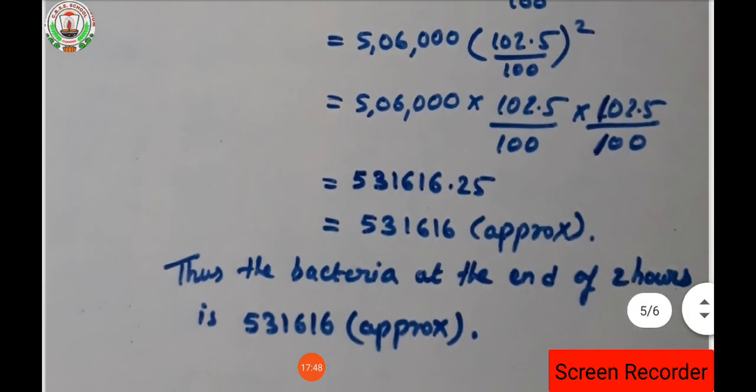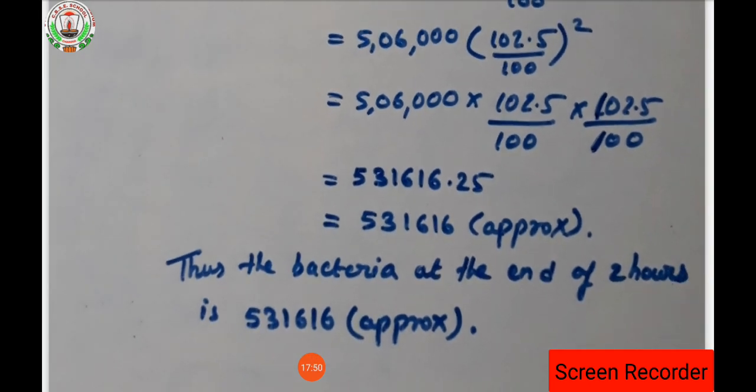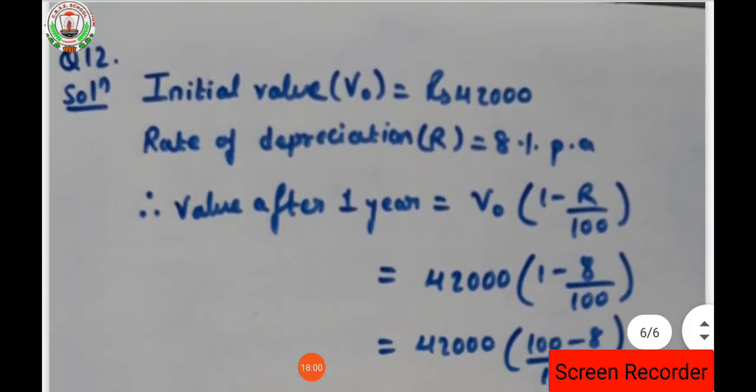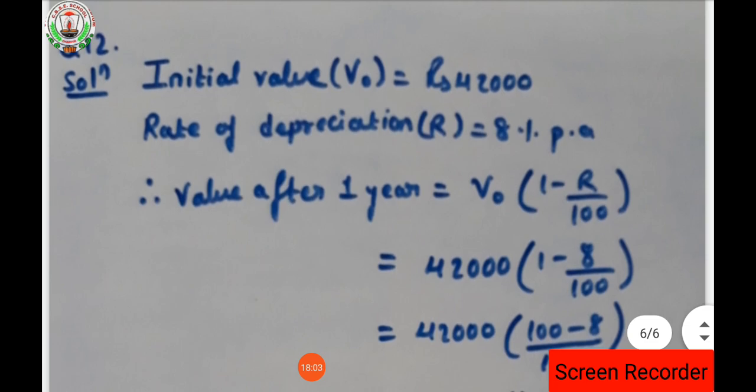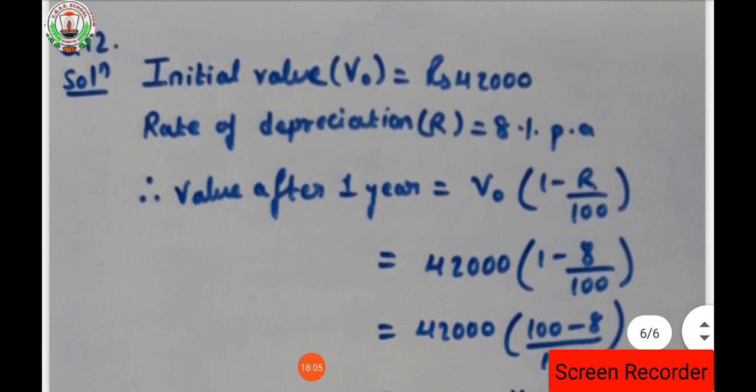So the bacteria count at the end of 2 hours is 5,31,616. Clear?